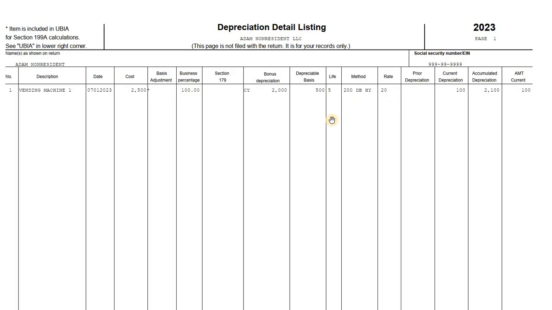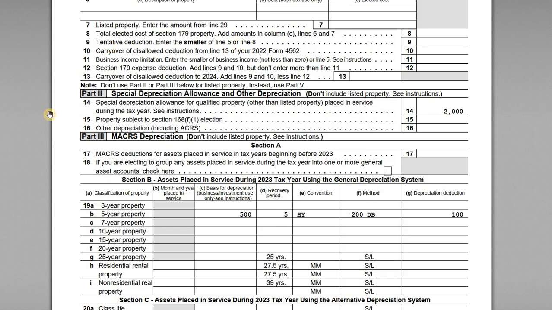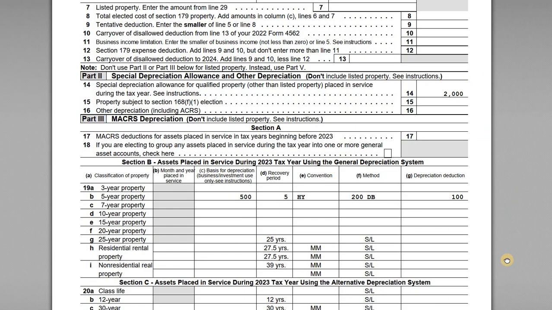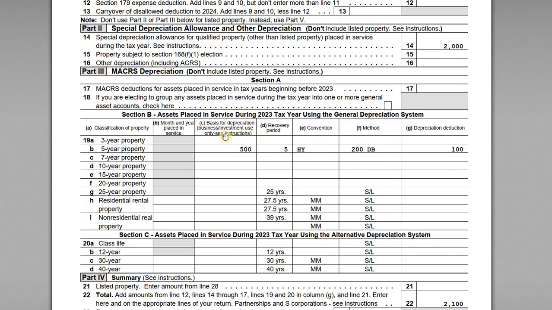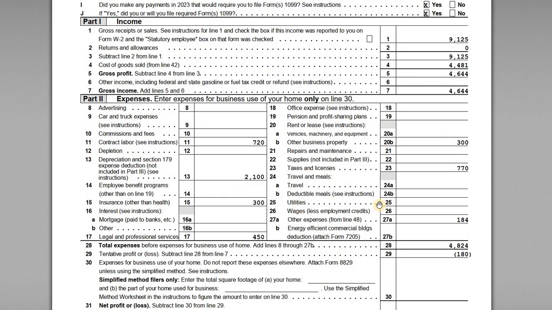All right, so the total depreciation for the year is the $2,000 and the $100 current depreciation component. So that's what we have up here in Parts 2 and 3. We've got the bonus depreciation at $2,000, the remaining basis of $500 over a 5-year recovery period. All right. Okay, so that's the bonus depreciation reported on Schedule C.